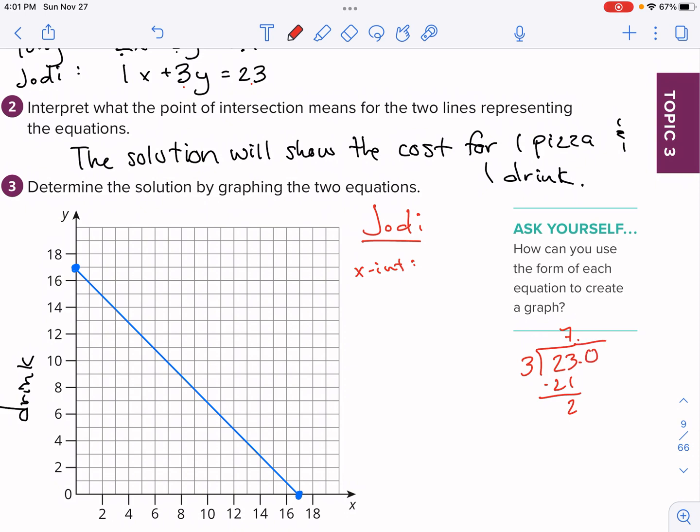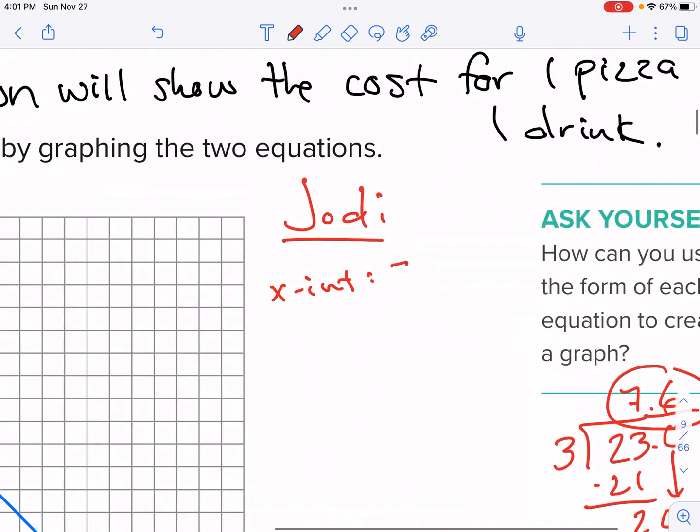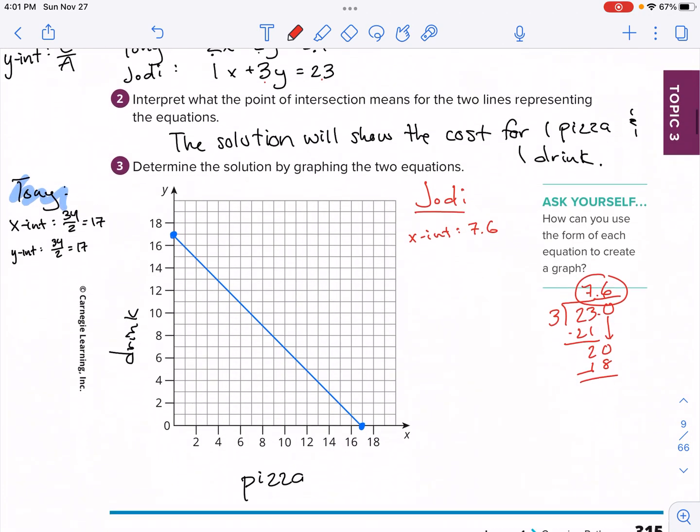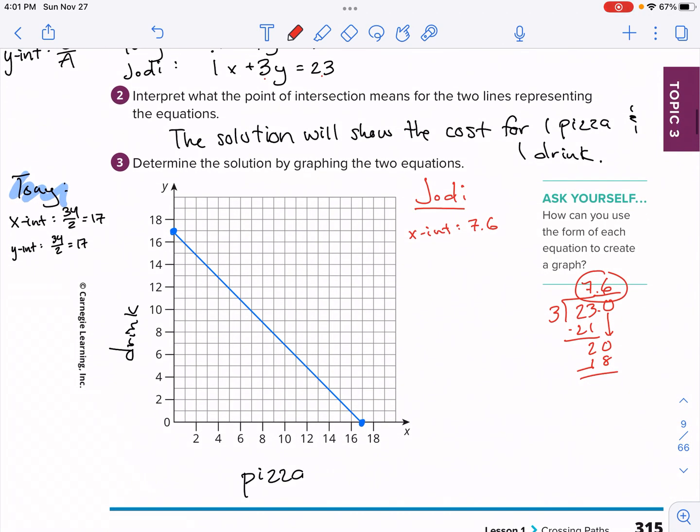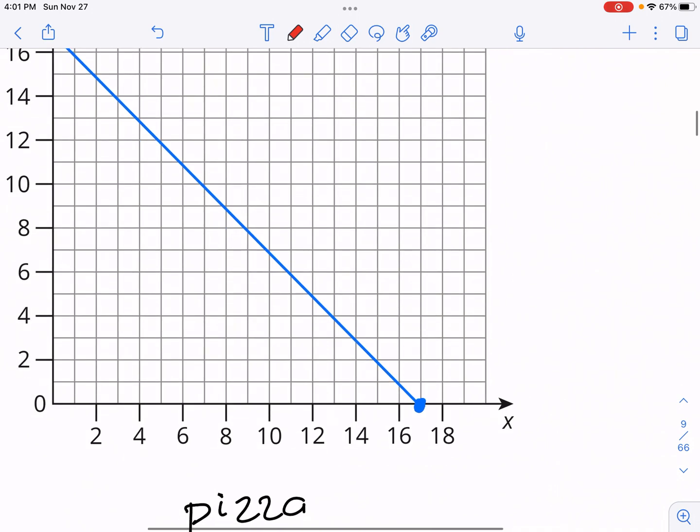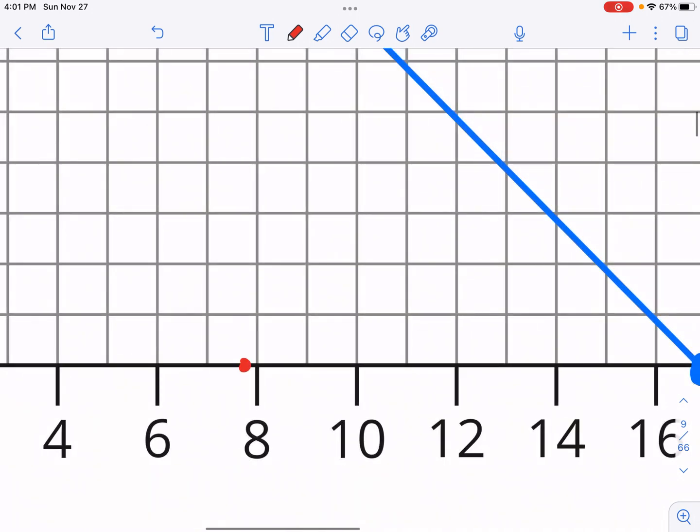We'll put decimals. I'll just put a 0 here. And 3 can go into 26 8 times, because that's 24. We can keep on going here, but for the x-intercept, at least for Jody, it's roughly 7.6. So let's put 7.6 right here. 7.6 is a little bit below 8. Something like that.